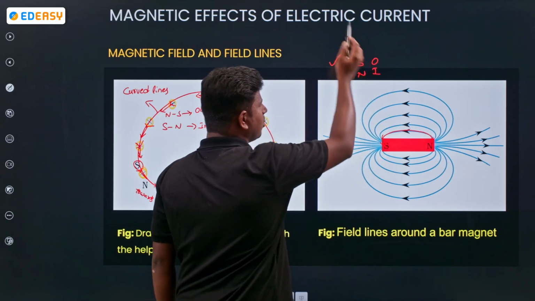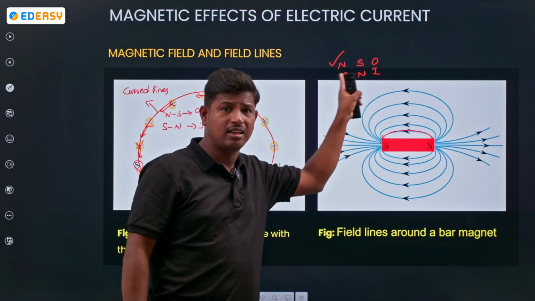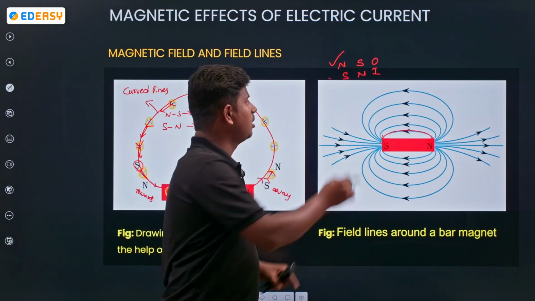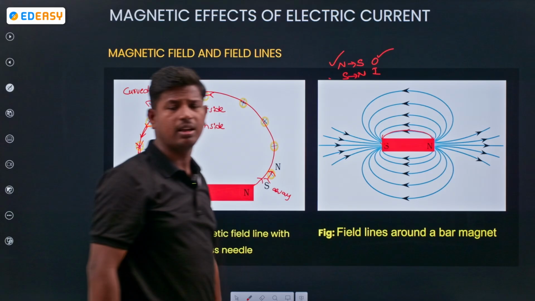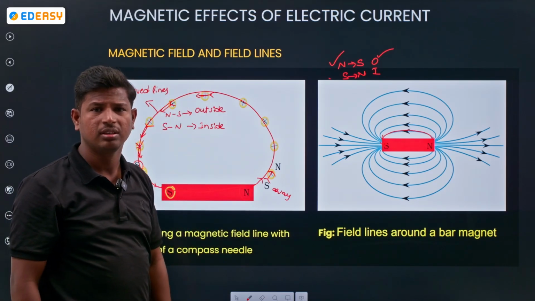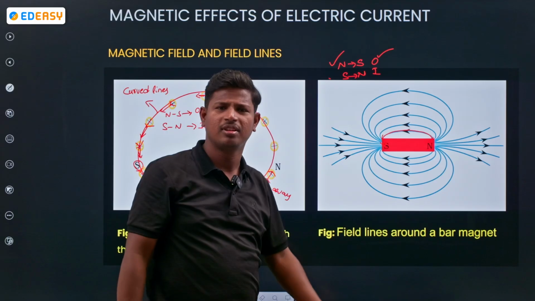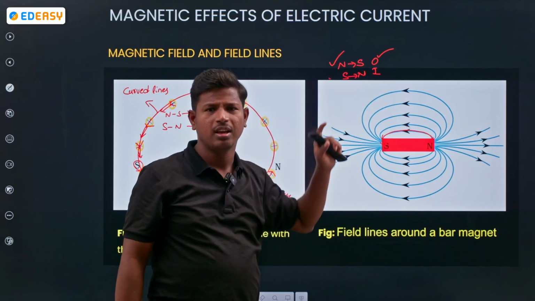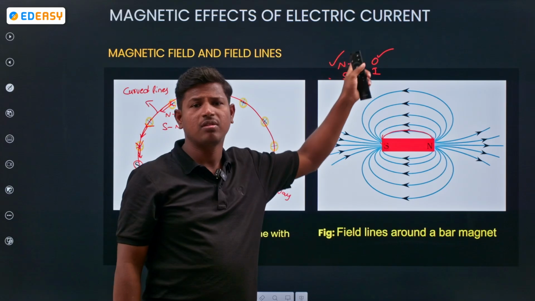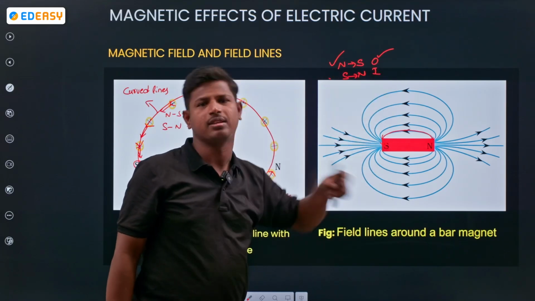Okay, NSO means north to south outside, and SNI means south pole to north pole inside.